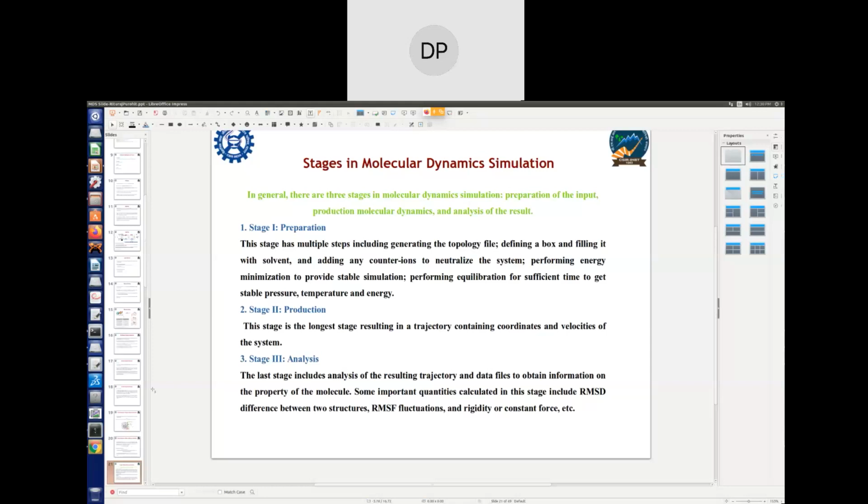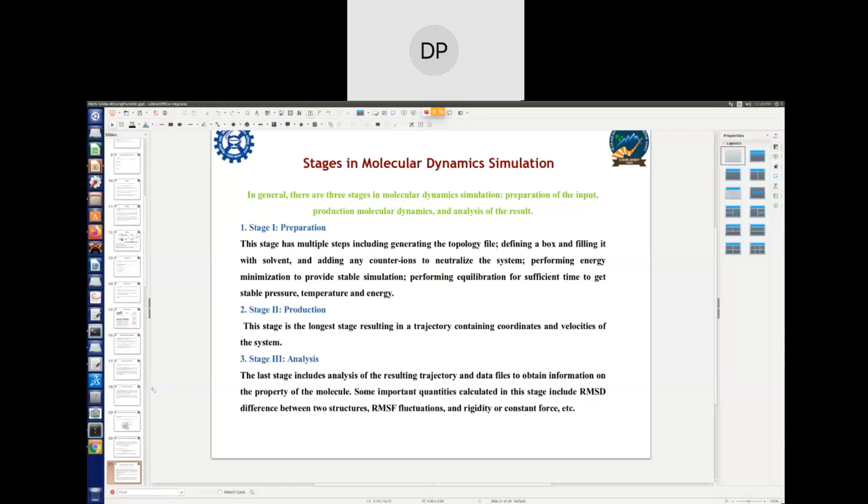I mean, the charge effect will also add up into the actual observation. So you need to neutralize the system with the help of either sodium ion or chloride ion based on the charge present in your complex. If your input is positive, then you need to neutralize with negative ions. If it is negative, then you have to neutralize with positive ions.